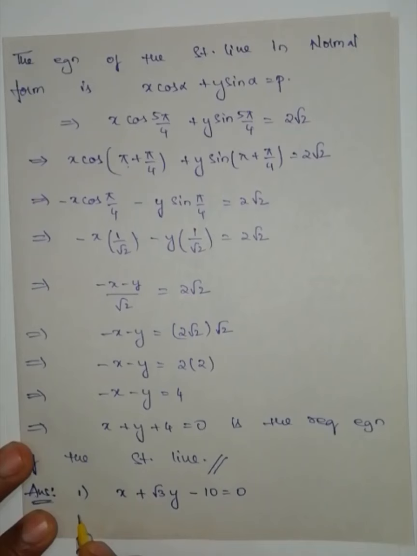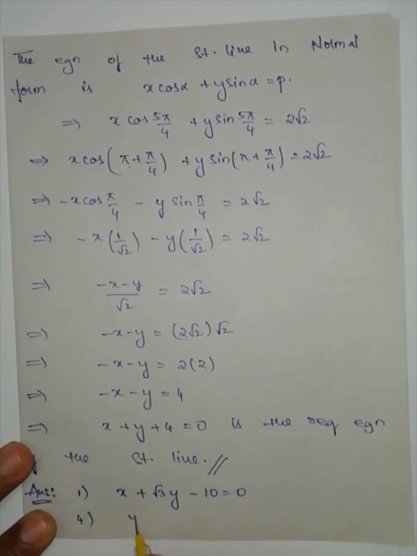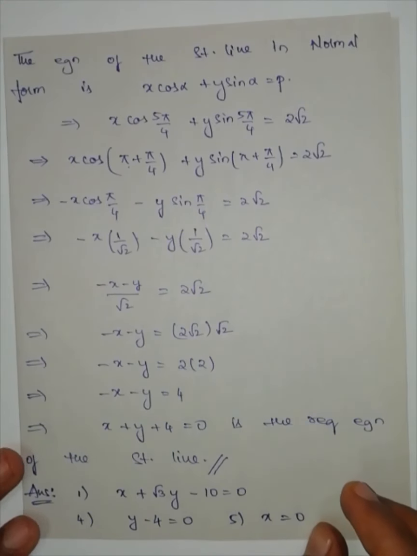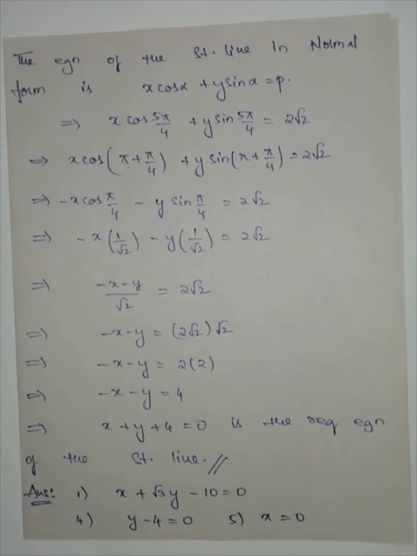The fourth one you have to get y minus 4 is equal to 0. And the fifth one you have to get x is equal to 0. These are the answers you have to get for the four.